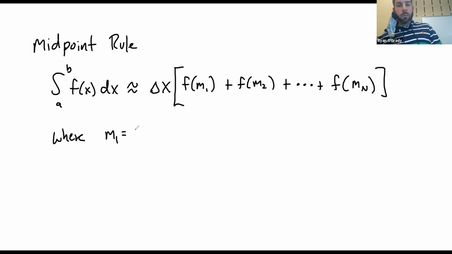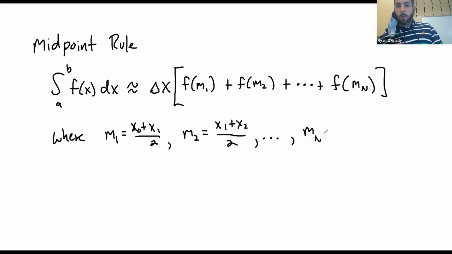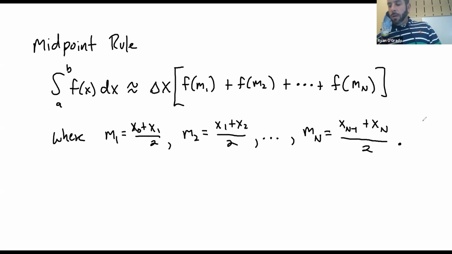What's m sub 1? Well, that's x sub 0 plus x sub 1 over 2. M sub 2 is x sub 1 plus x sub 2 over 2. These are the calculating the midpoints. And not only are these formulas scary looking, but it is also n more calculations you'd have to make.